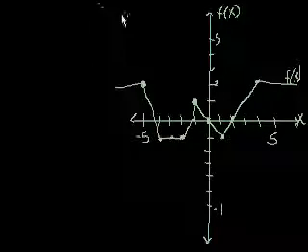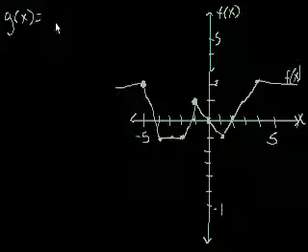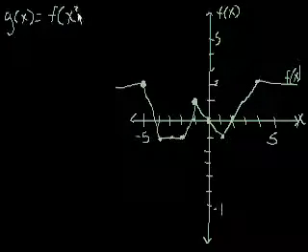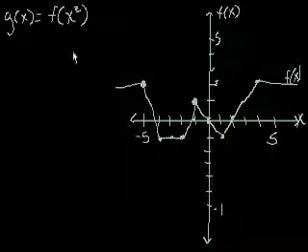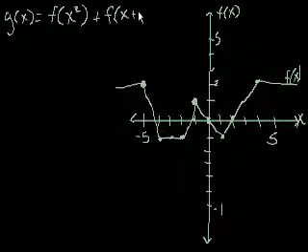Let's say I'm going to create another definition for g of x this time. Let's say that g of x is equal to f of x squared plus f of x plus 2.